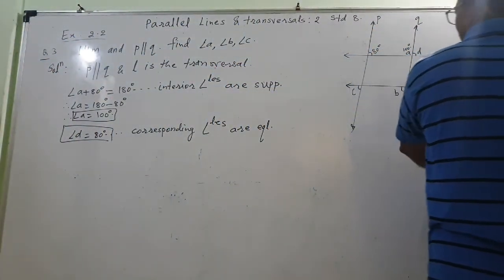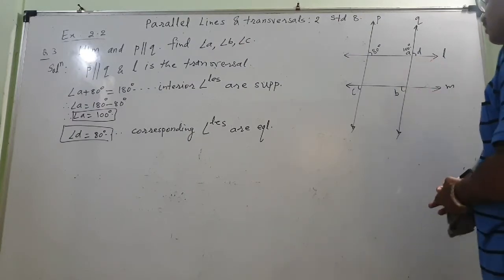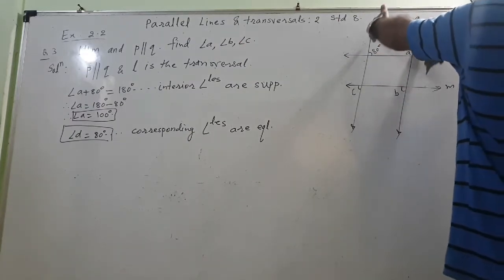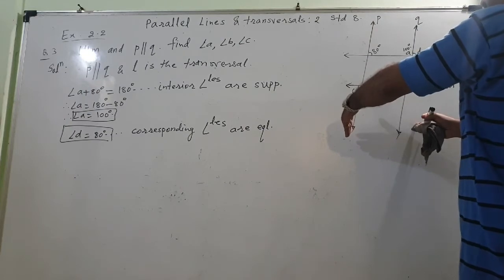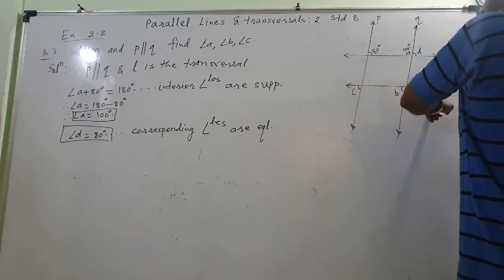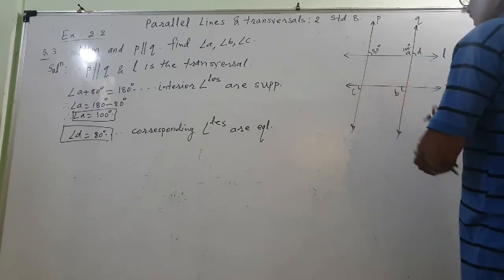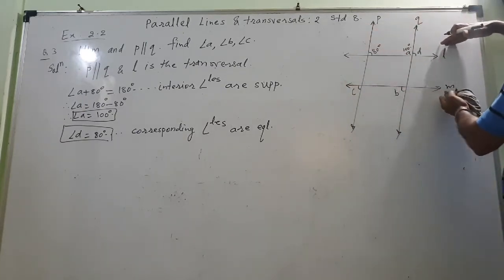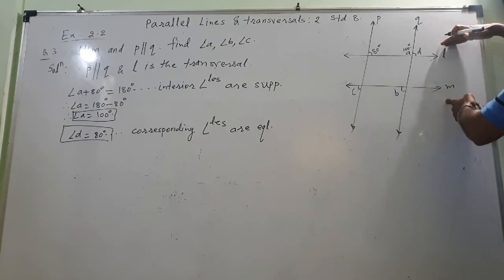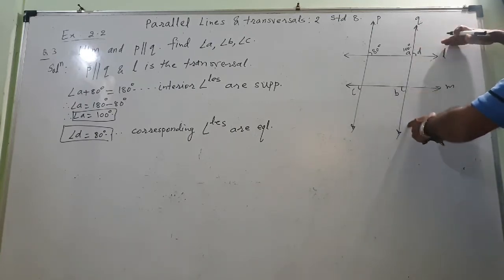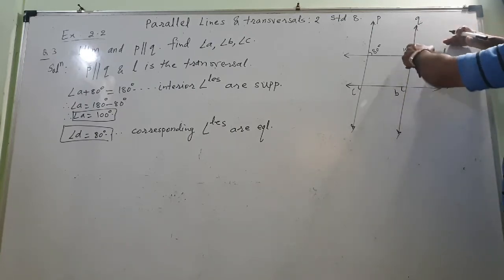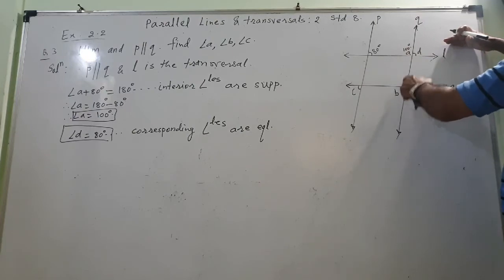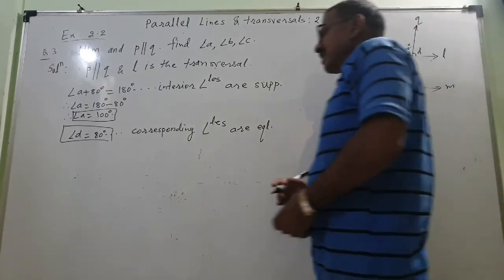Now let us come to B. Now consider these two lines and this transversal is of no use. Consider these two lines, line L parallel to line M, and Q is the transversal. Then this and this are corresponding angles. I'll write it.